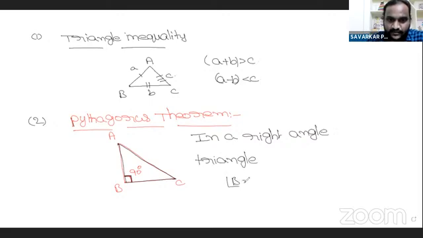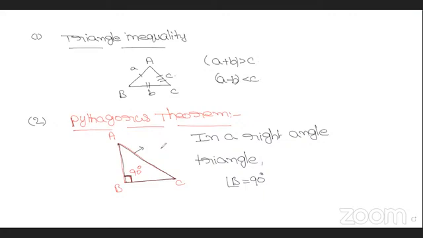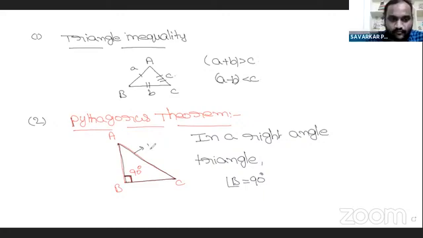So where is the right angle? Angle B is 90 degrees. The side opposite to 90 degrees is called the hypotenuse. It is a special name. The side opposite to 90 degrees is called hypotenuse.